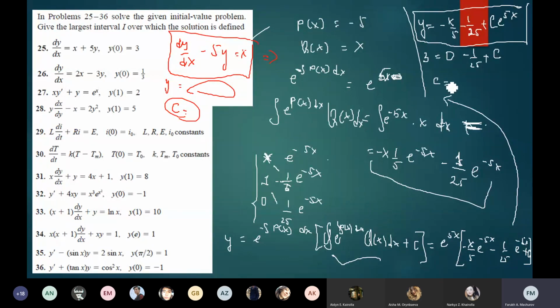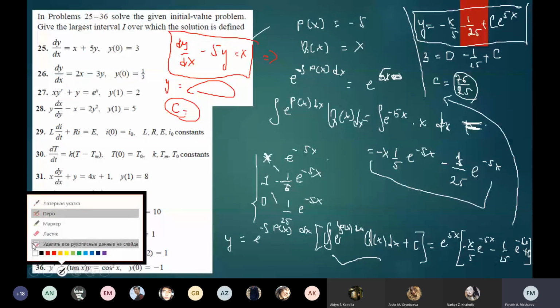So from here, c is equal to what? We can say c is equal to 76 over 25. Yes, cool, guys.